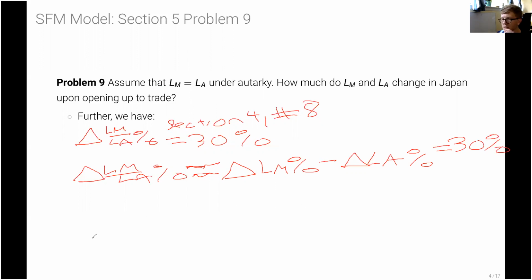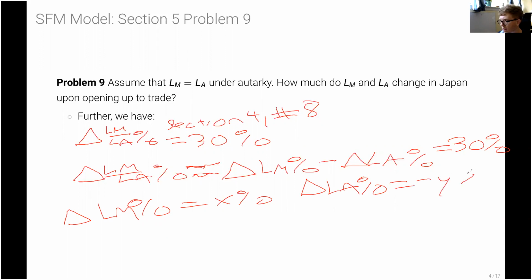But recall that we said in the last slide that the percentage that LM is going to change by, we just called that x%, and the percentage that LA is going to change by, we just called that -y%. Okay, and so adding all this up, that implies that x% plus y% must be equal to 30%.